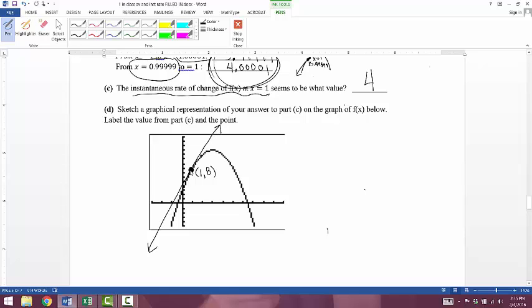If you drew the graph and its tangent line, the slope of the tangent line is 4. The instantaneous rate of change of the function at x is 1 is 4. The slope of the tangent line is 4. The limit of the slope of the secant lines is 4.